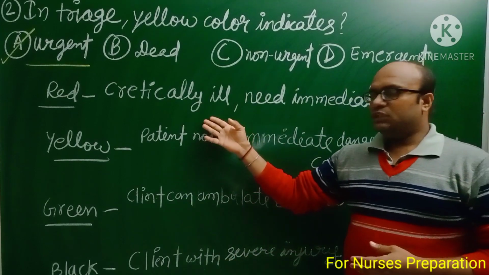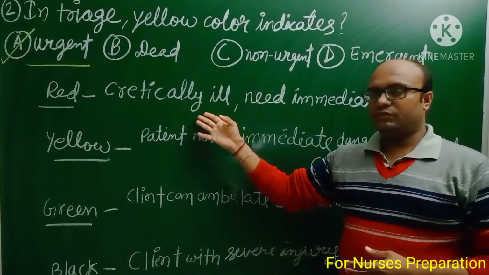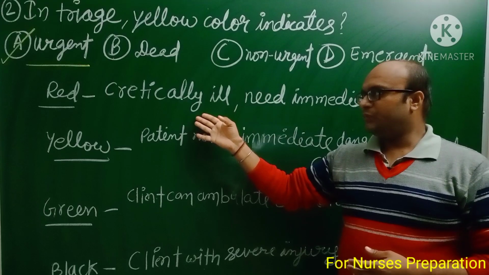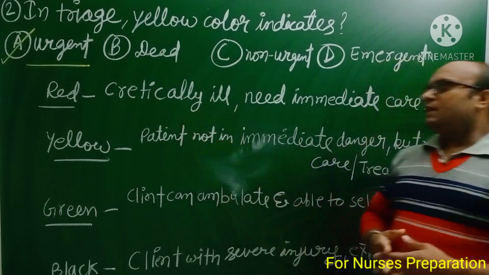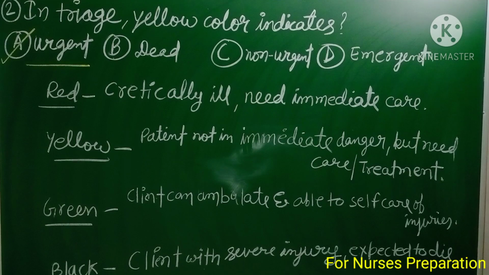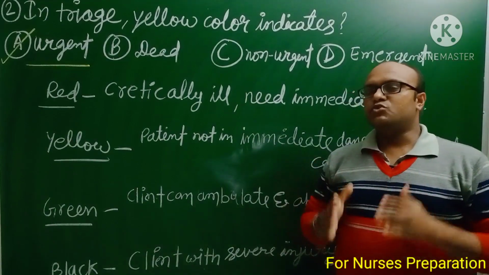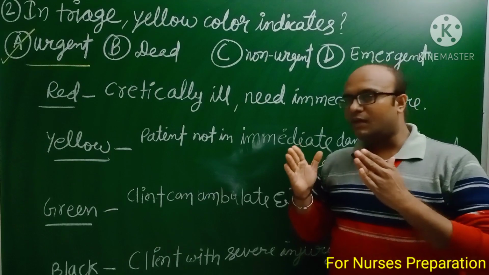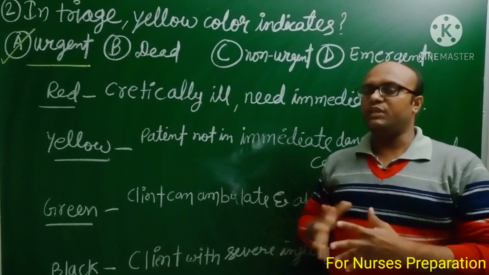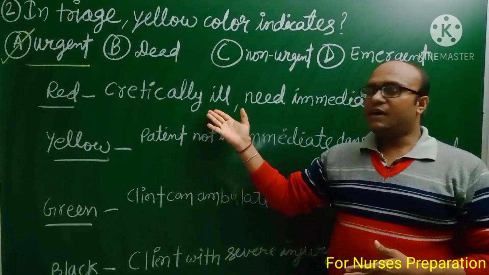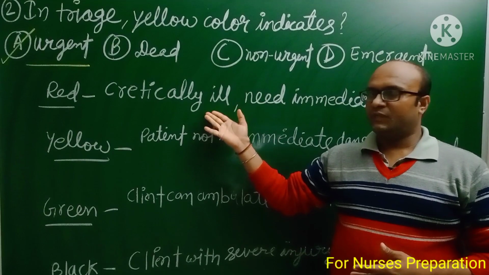First talk about the red area, red color code. In this color code, critically ill persons who need immediate care come. In red color code, we put the patients who need immediate medical care or treatment because they are critically ill.